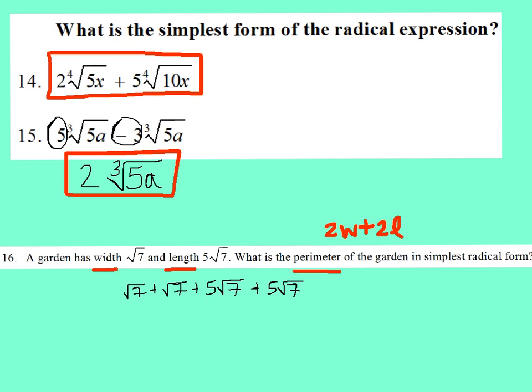Well, again, our like term here is the square root of 7, so we'll keep that. Now we're just going to add the coefficients. Even though it's not shown there, I know this has a coefficient of 1. This has a coefficient of 1. So 1 plus 1 plus 5 plus 5 is 12. So I have 12 square roots of 7.